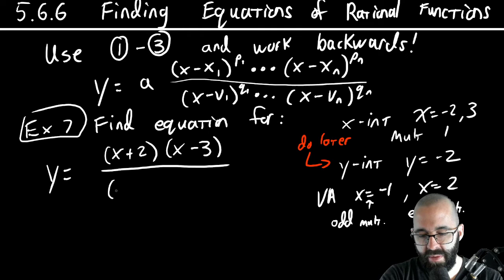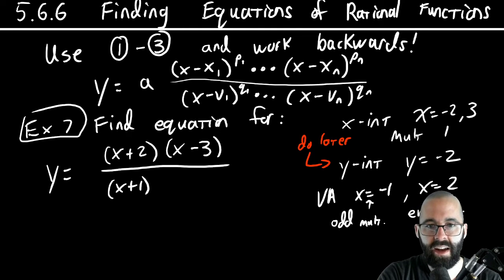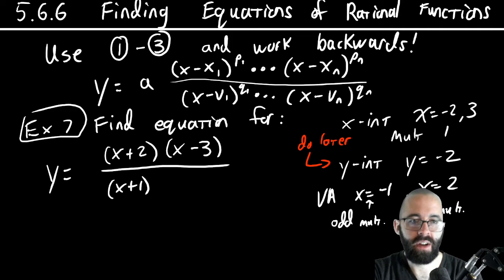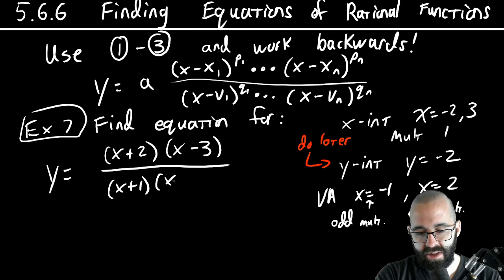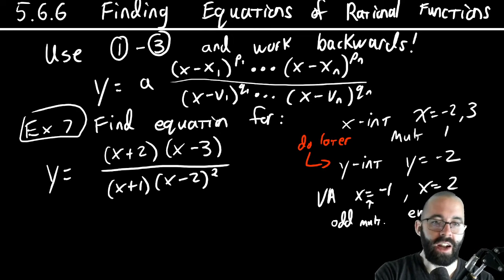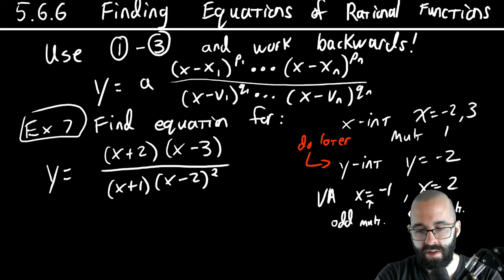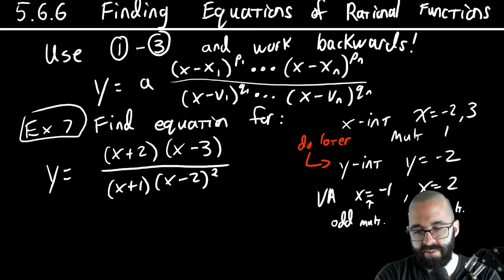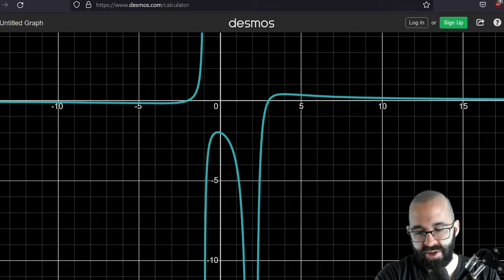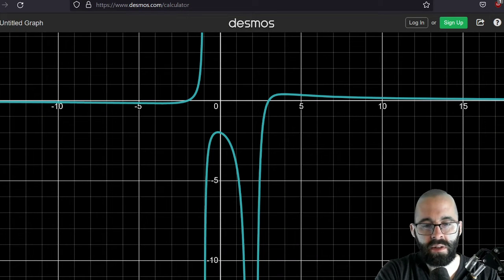Good. So on the bottom, that has to be an x plus 1 for that asymptote, and an odd multiplicity, let's just say 1 for now, for the exponent. And for x equals 2, this is going to be x minus 2, but we know that there has to be an even exponent on that denominator. We also need horizontal asymptotes or slant asymptotes. We should check that. There's a horizontal asymptote at 0.